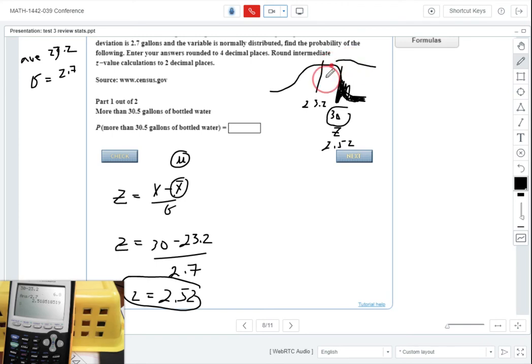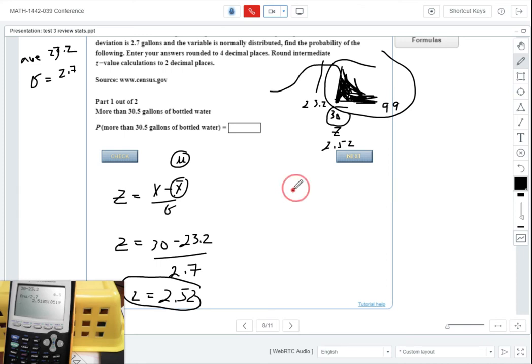We want to find a z value greater than 2.52, and it goes on over here to infinity. When we do this on our graphing calculator, you only have to type in 99 for infinity, because 4 standard deviations covers pretty much everything in the normal curve. So I just type in 99 to go to infinity. 99 standard deviations is a lot.